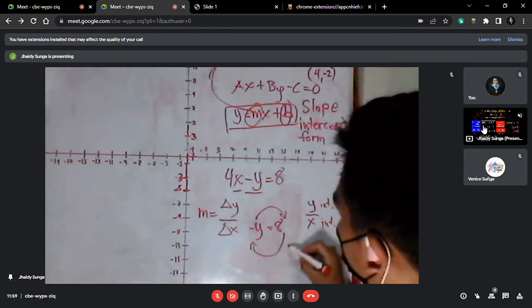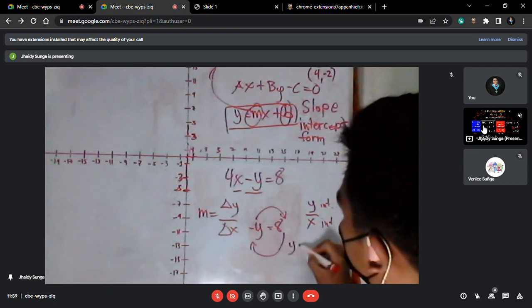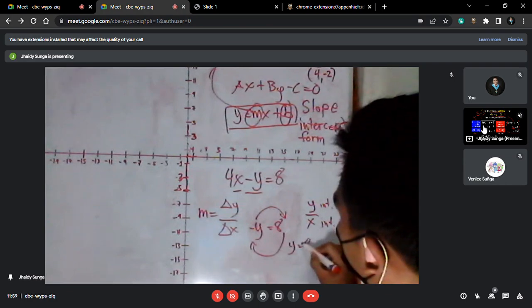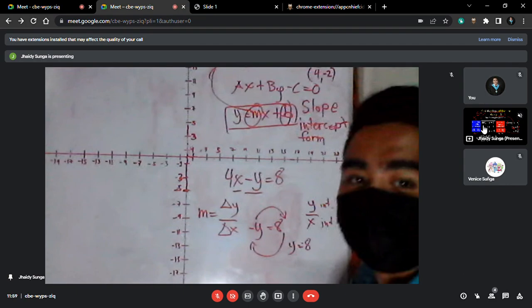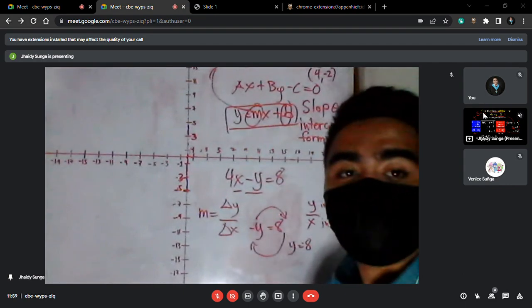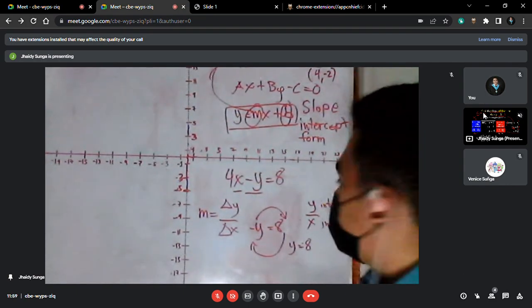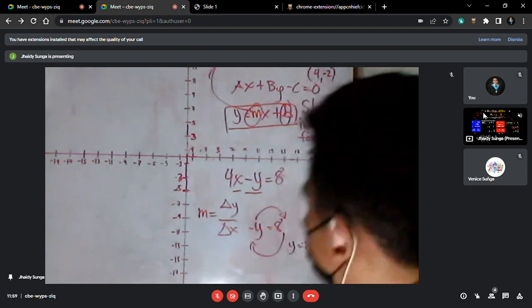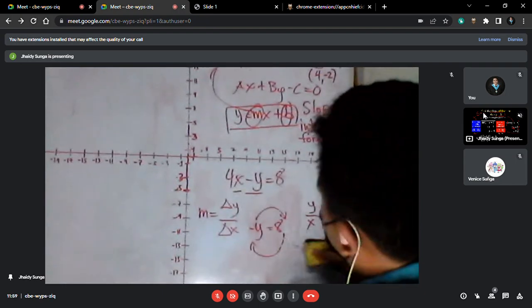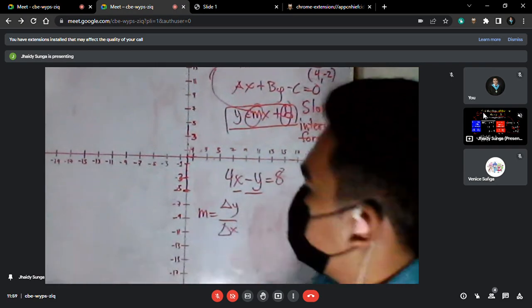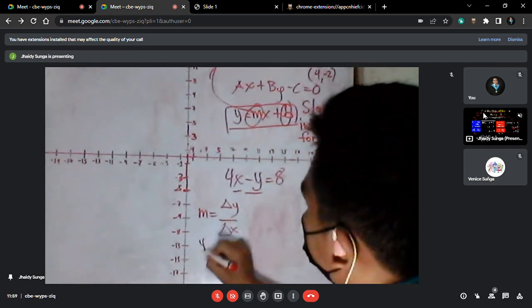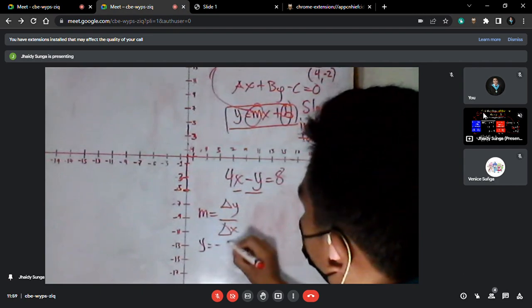So y is equal to negative 8. Alright. So let us just input that, your y-intercept is equal to negative 8.